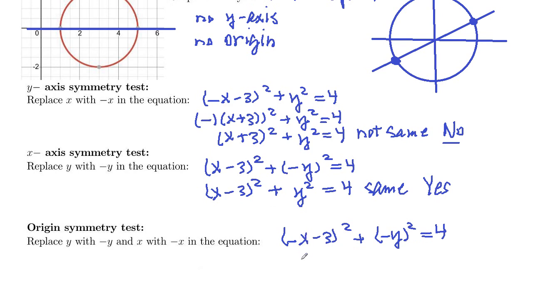Square that negative 1, we get a positive. So we've got x plus 3 squared. And then a negative y squared is the same as positive y squared equals 4. This is not the same as the original. The original had a minus in there. So this is not the same. So we do not have origin symmetry algebraically.